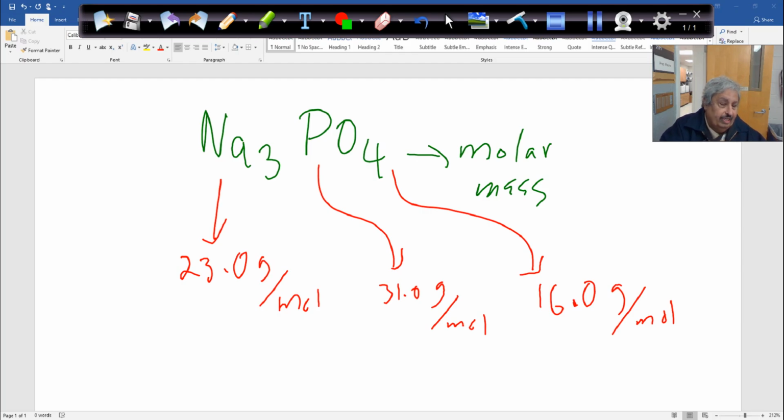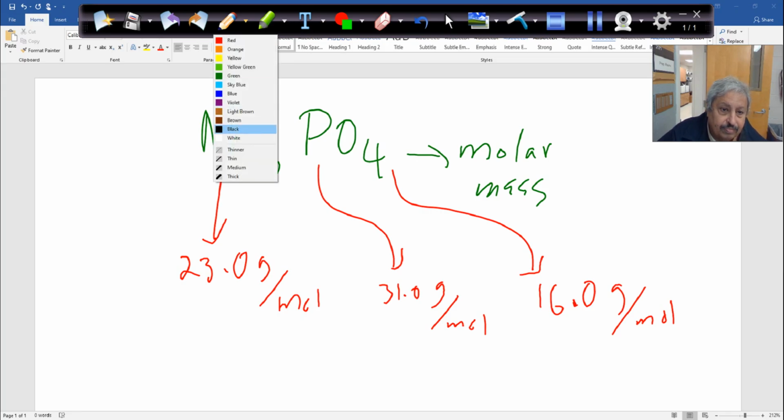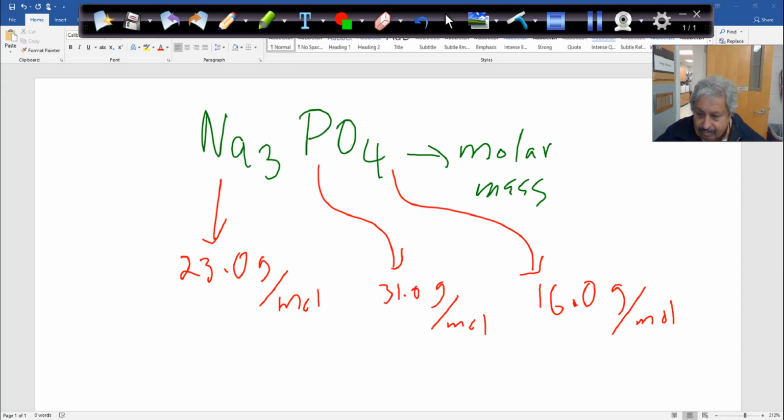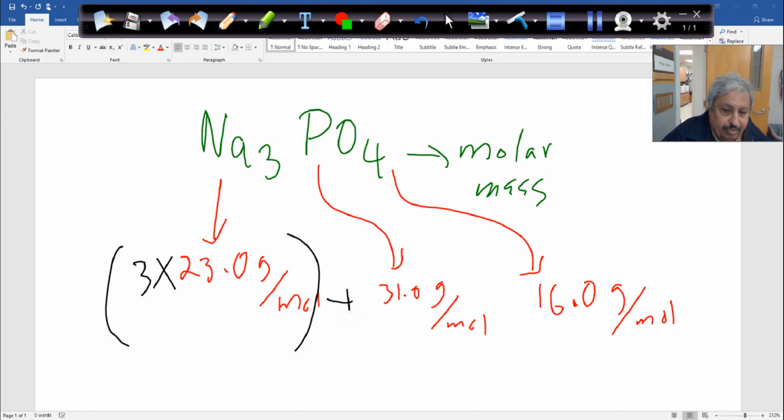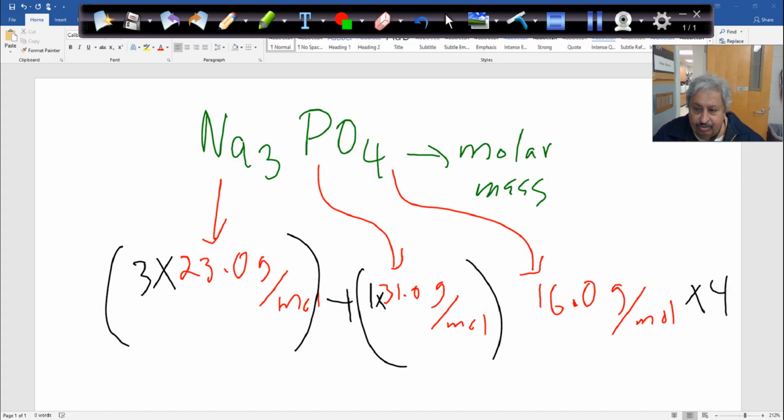Remember, you have to look at the ratio. So, calculate, tell me what's the answer. This is 3 sodiums, plus 1 phosphorus, 1 understood, not written, and this is multiplied by 4.